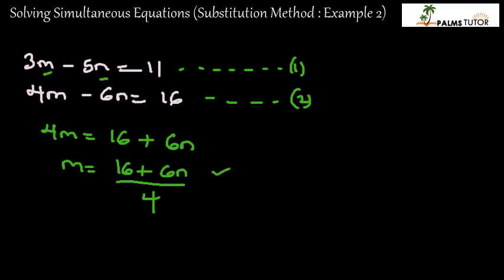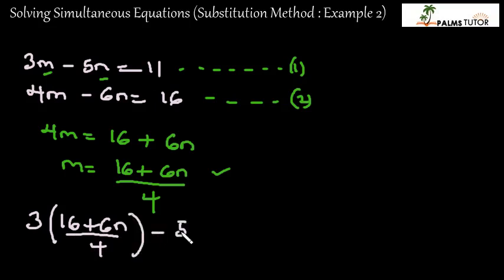Now the next thing to do is to substitute this value of m into the other equation, which, because I have used equation 2, I'm going to use equation 1. So wherever you see m, you substitute this value, which is 16 plus 6n all over 4. So we have 3 multiplied by 16 plus 6n all over 4, minus 5n equals 11.